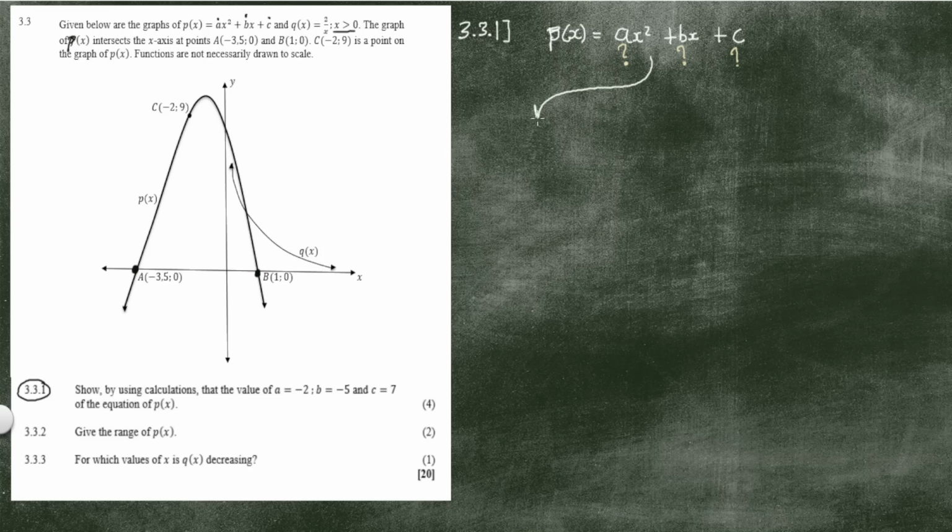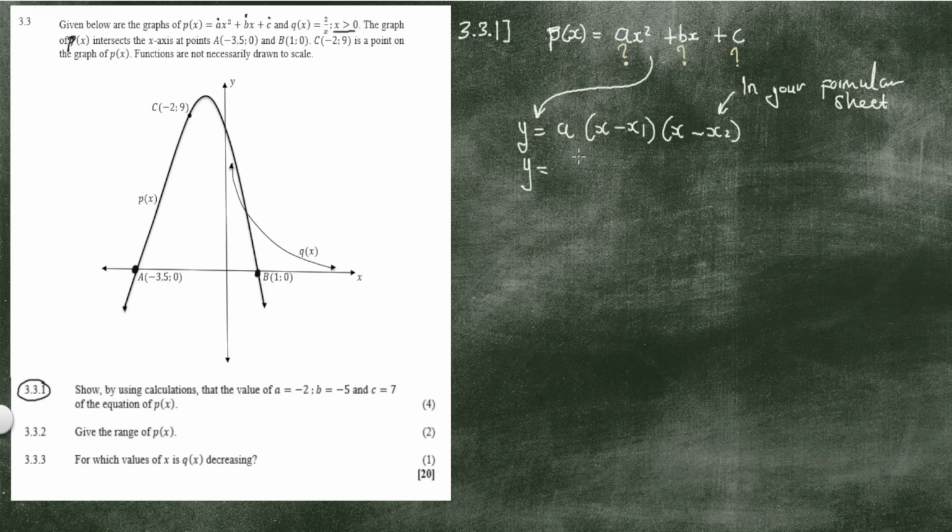If you want the equation for a parabola and you are given the x-intercepts, use this formula. That is y equal to a times x minus x1 times x minus x2. This is in your formula sheet. Okay, y is equal to that.